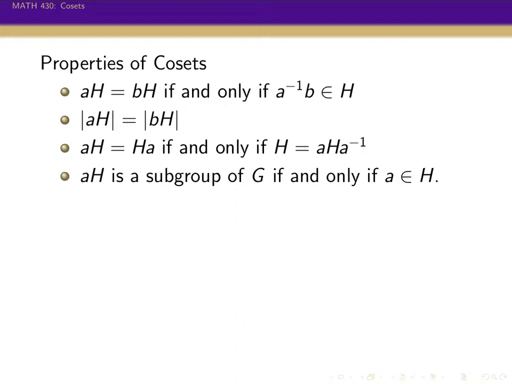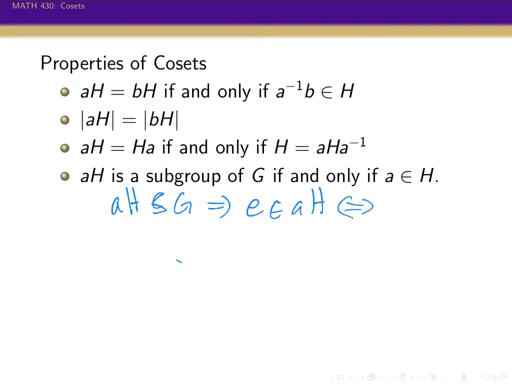AH is going to end up being a subgroup of G if and only if A is in H. And again, this comes from AH being a subgroup of G, which implies that E, the identity element, is inside AH.